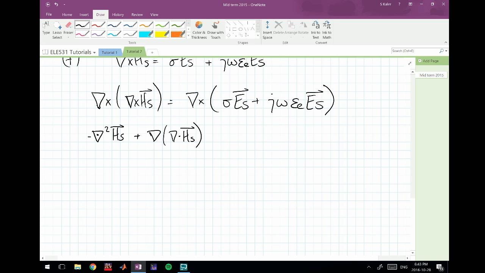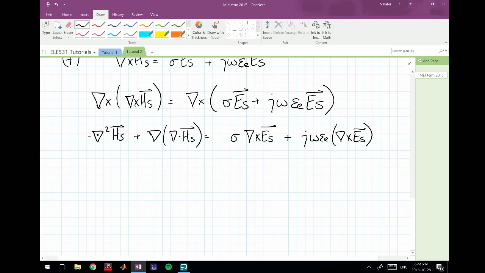So we have the Laplacian of H, the gradient of the divergence of H, and we'll pull sigma out, and then I'll write the curl of ES, plus j omega epsilon E curl of ES. Okay?